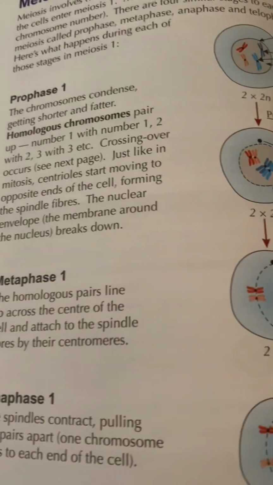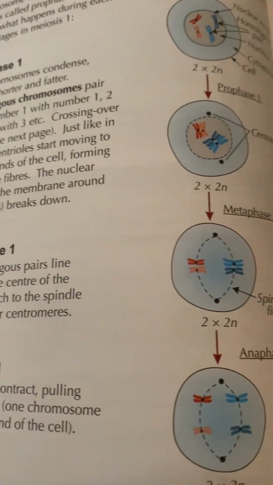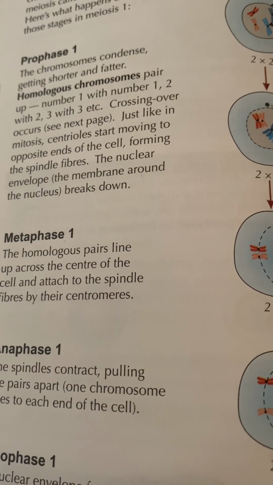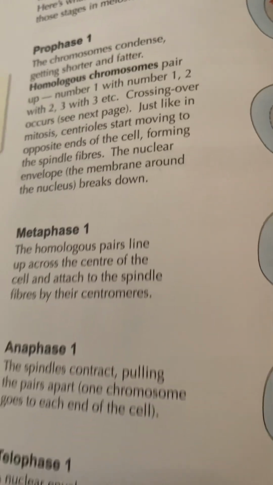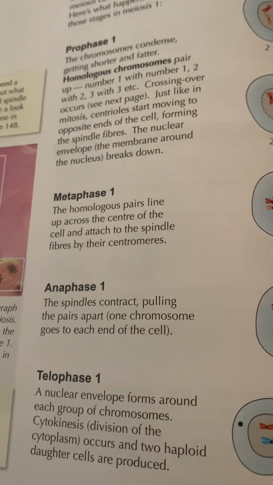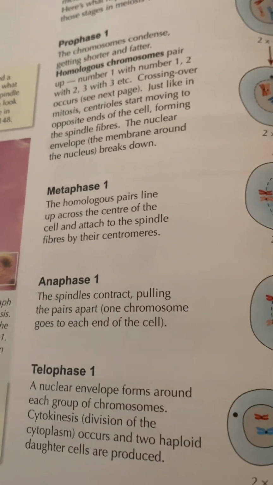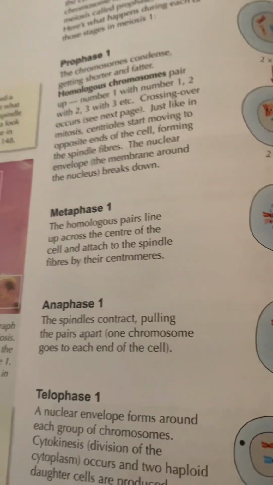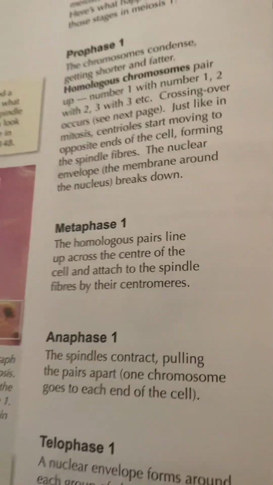So then genetic variation is the differences that exist between individuals' genetic material. So the reason meiosis is important is because it creates genetic variation.